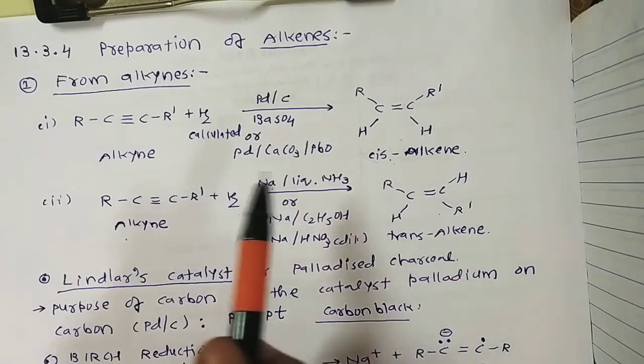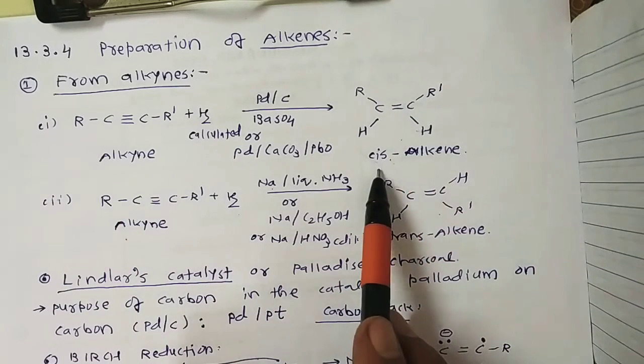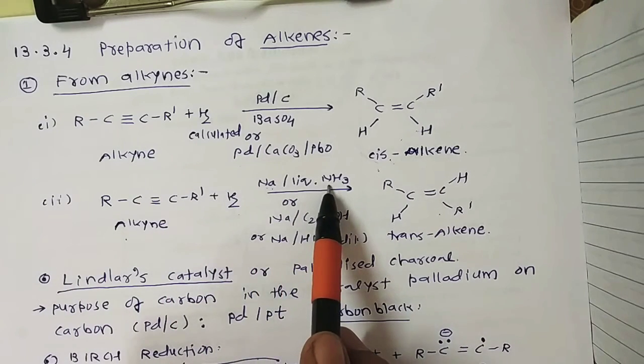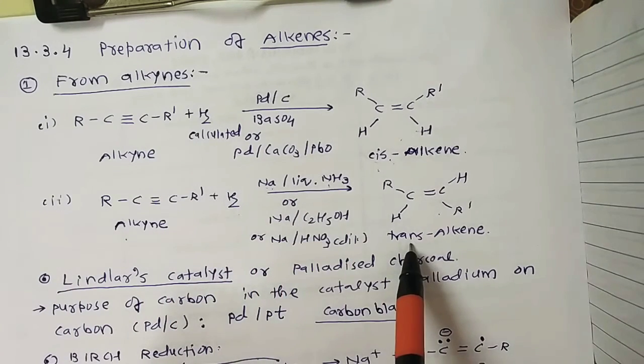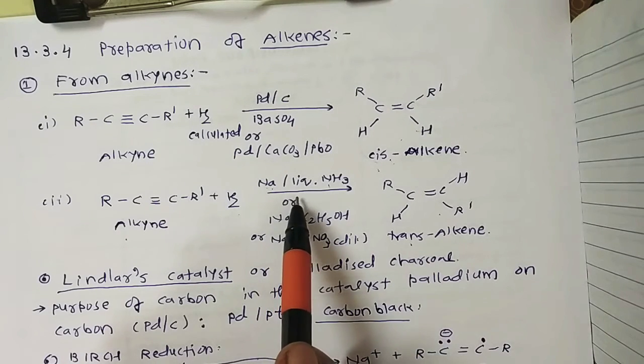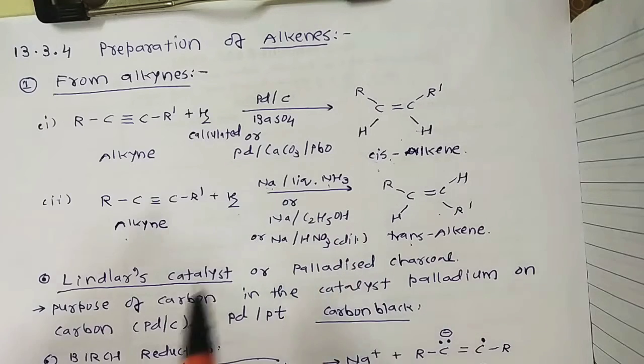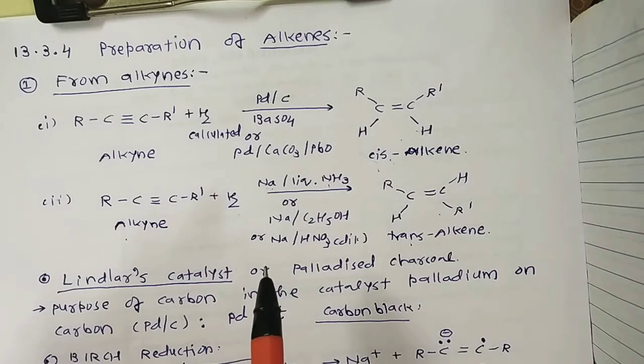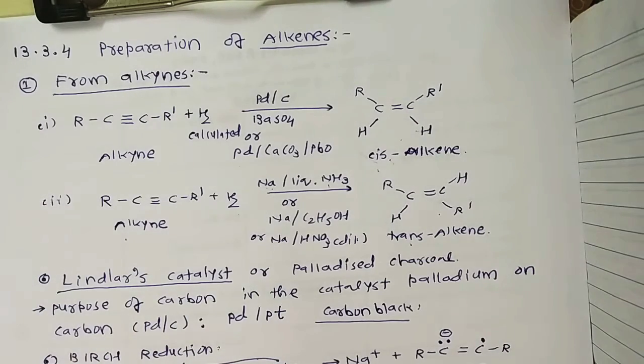So by the previous method we get a cis alkene, while with sodium in liquid ammonia we get a trans alkene. This method is sometimes called Birch reduction too. In our NCERT textbook, they do not give the name of this reduction, but mind well, it is one of the most important reactions for JEE Main as well as Advanced students.